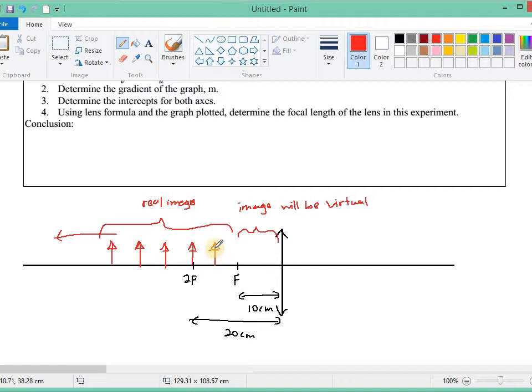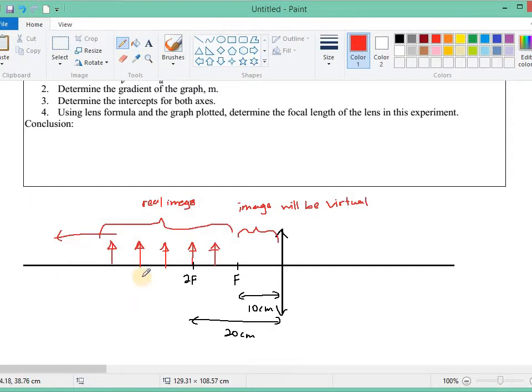Then at 2f, as the object moves further away, the image will be the same size as the object. After 2f, the image will be smaller than the object. Further and further away, the image will get smaller and smaller.